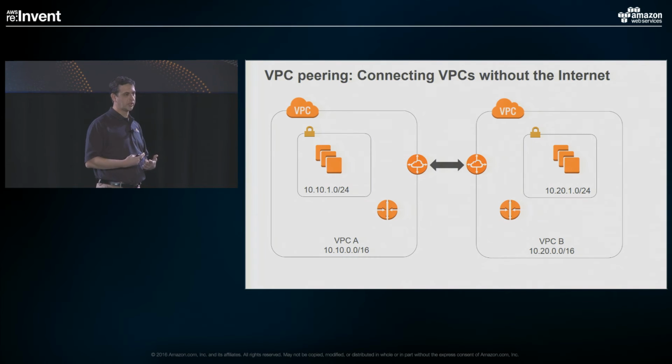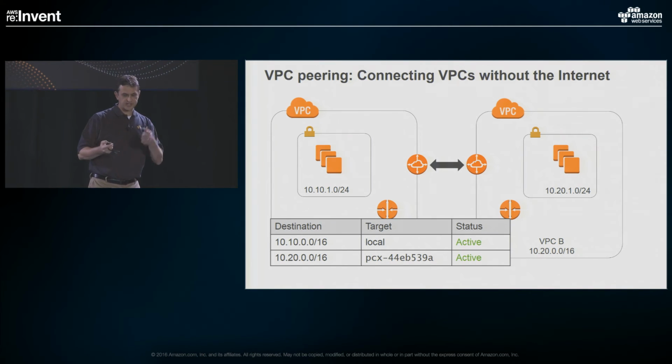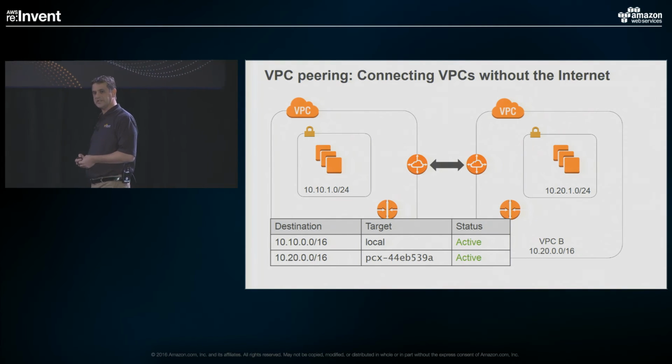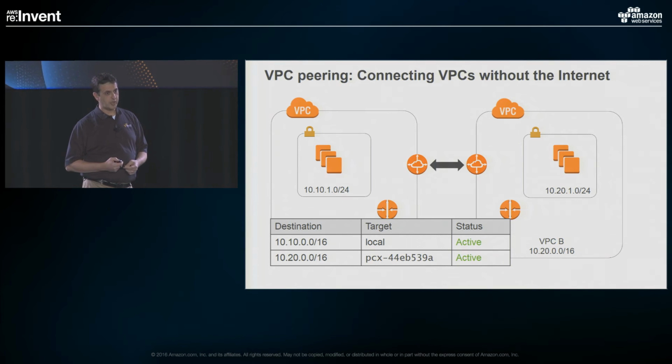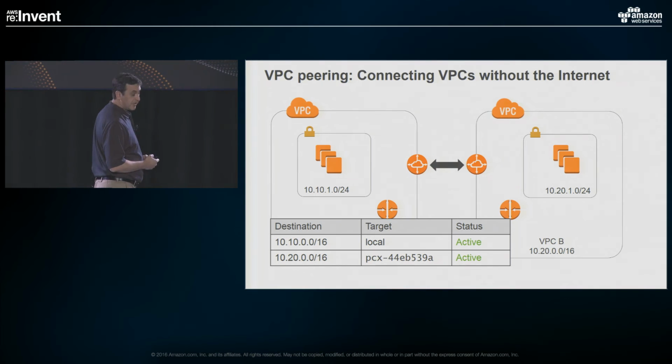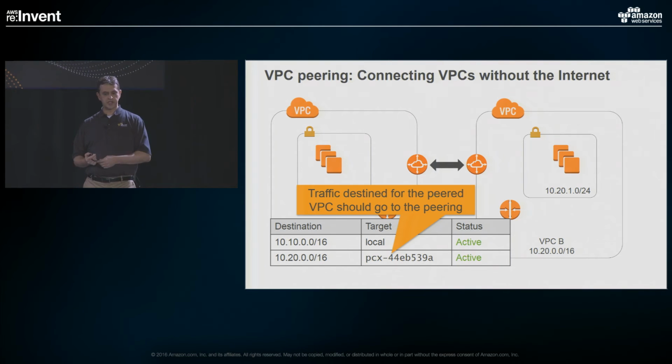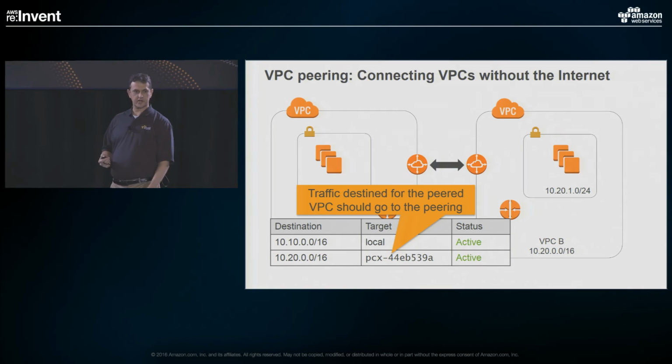And of course, there's the requirement that they cannot have overlapping IP addresses. And just, again, taking a quick look at VPC A's routing table, you would put the destination as the CIDR block of the remote VPC, and the target is a peering point itself. It has a prefix of PCX. All right? And basically, in English, any traffic destined to that remote VPC will flow through that peering connection.